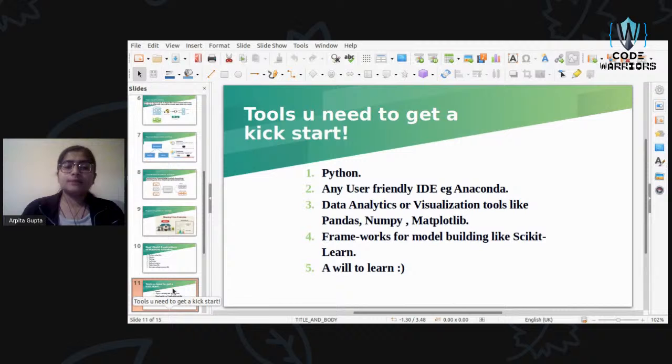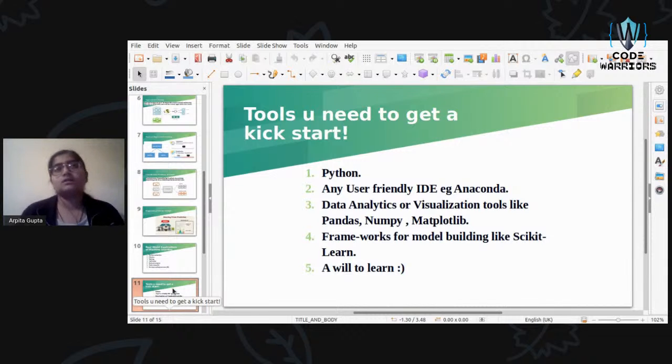And after that, you need some data analytics and visualization tools like Pandas, NumPy, and Matplotlib. See, when we are into machine learning, at the end of the day, we are dealing with data. If there is data, there is machine learning. So we need to do data cleaning, we need to do data analysis, and there are higher level terms like feature engineering and stuff. Basically, we want to get the insights out of that data. For that, we need some frameworks.